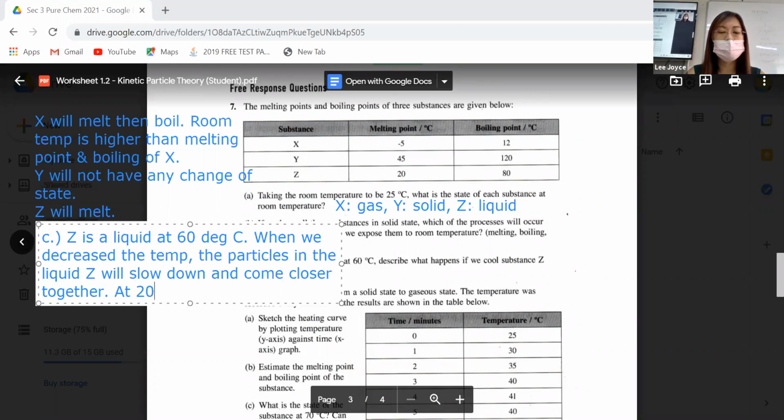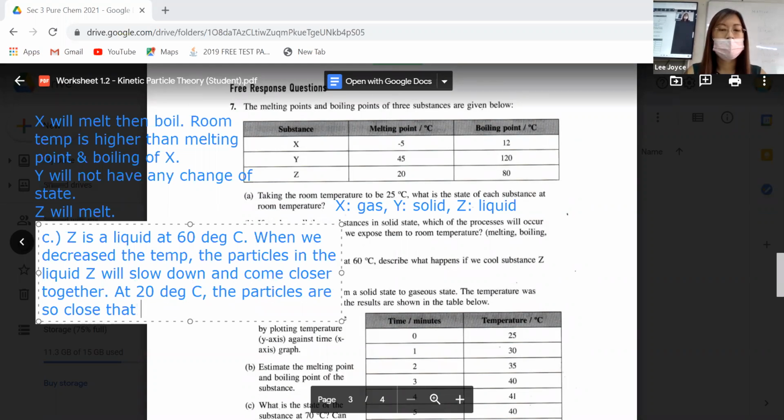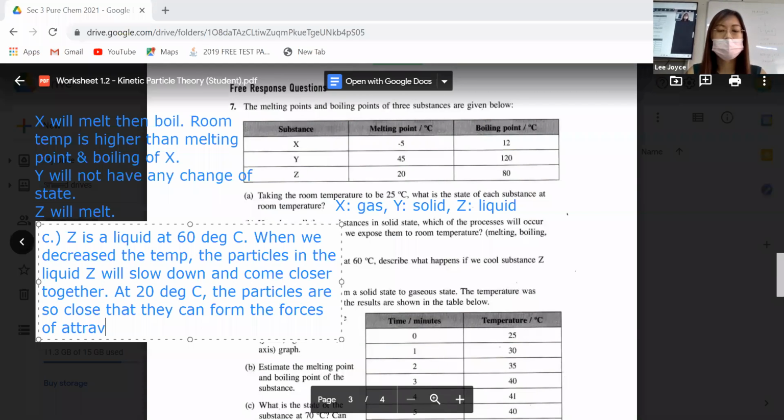So at 20 degrees Celsius, particles are so close to one another that they can form the forces of attraction.